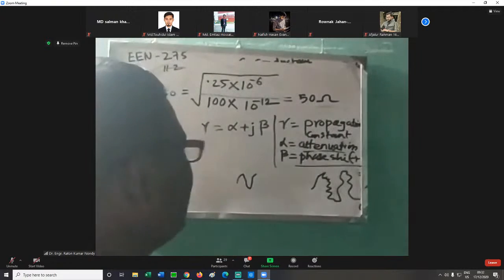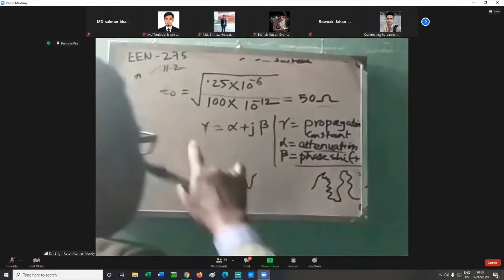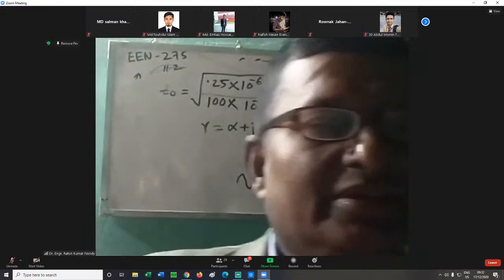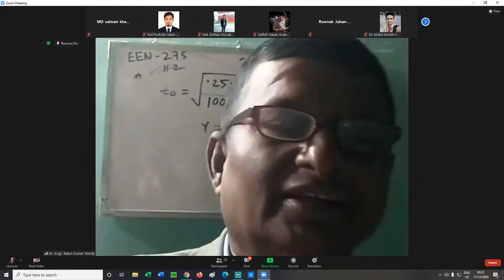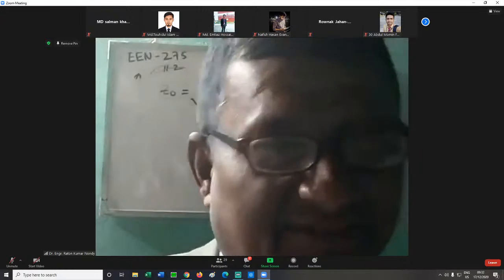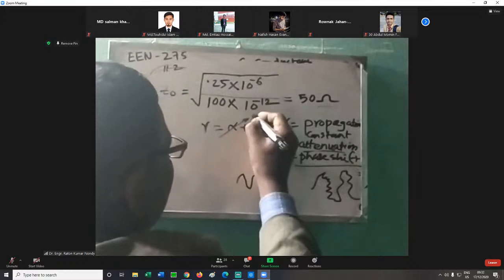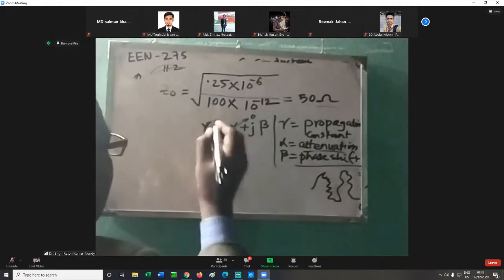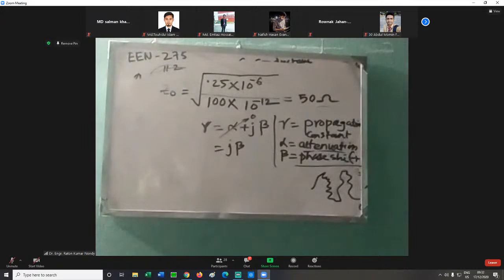So now what is the thing? Gamma means propagation constant. Propagation constant is alpha plus j beta. But in our problem, what you have written in your notebook, you see the problem. There, it is written lossless line. So in that case, alpha is zero, and we can write gamma equal to j beta.